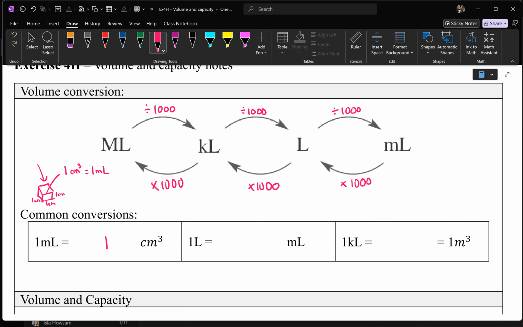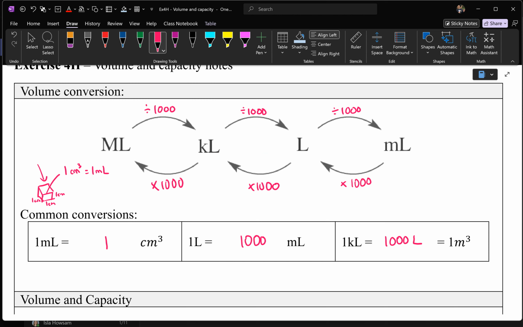And so then 1 liter, since 1 liter is 1,000 of these mils, well, 1,000 mils is equal to 1 liter. And another nice fact is that when you have 1 kiloliter, which is actually just 1,000 of those liters, okay, so remember, 1,000 of these liters make 1 kiloliter, right? So 1,000 liters is actually equal to 1 cubic meter.